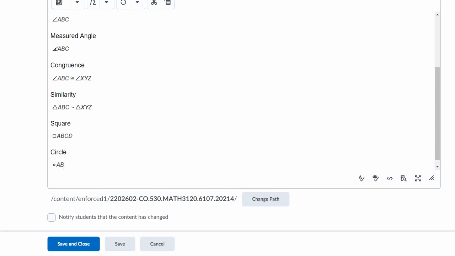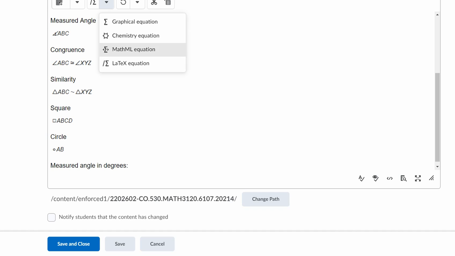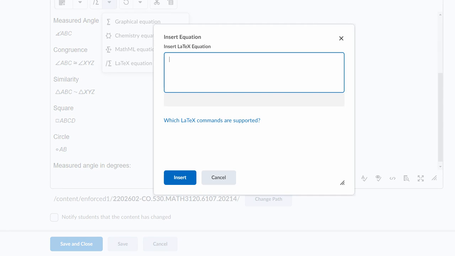So circle AB. Also, this is what we use for degrees. So for example, we can do measured angle in degrees, and pop in something like measured angle ABC equals 90 degrees.